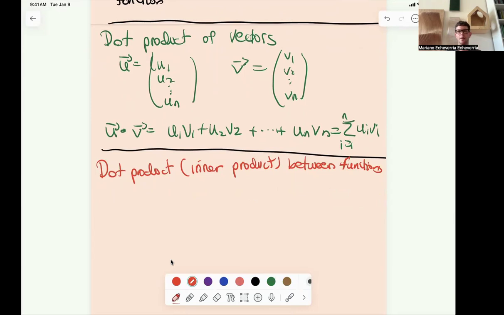So the idea is that if you had two functions, f of x and g of x, basically what you're trying to do is something like this.